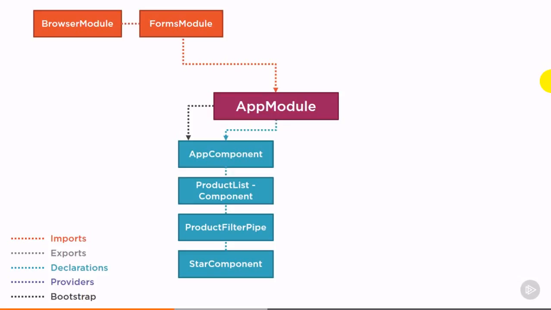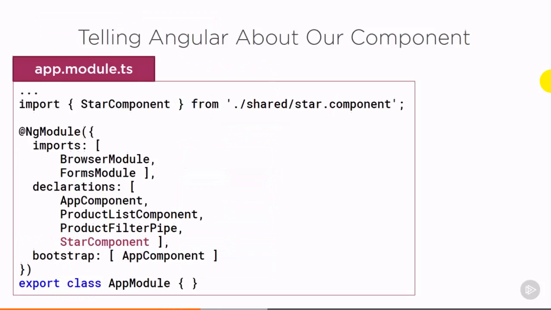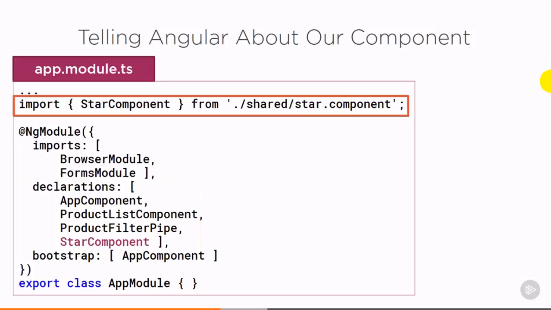In our example, the product list component's template wants to use the star component, so we add the declaration to the same Angular module that declares the product list component. We define the nested component in the declarations array of the ngModule decorator, and as always, define what we need by adding an import statement.